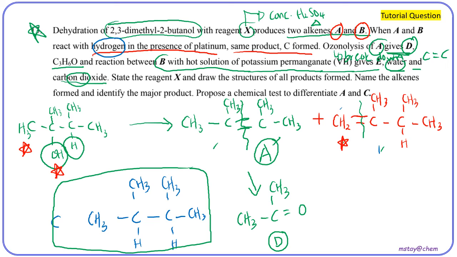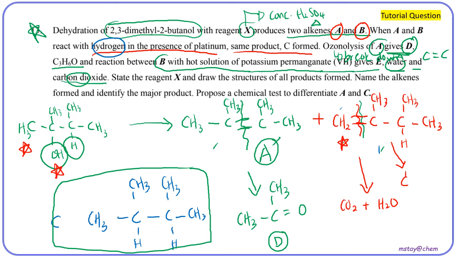So after reacting with hot acidified KMnO4, this CH2 part will become CO2 plus water.